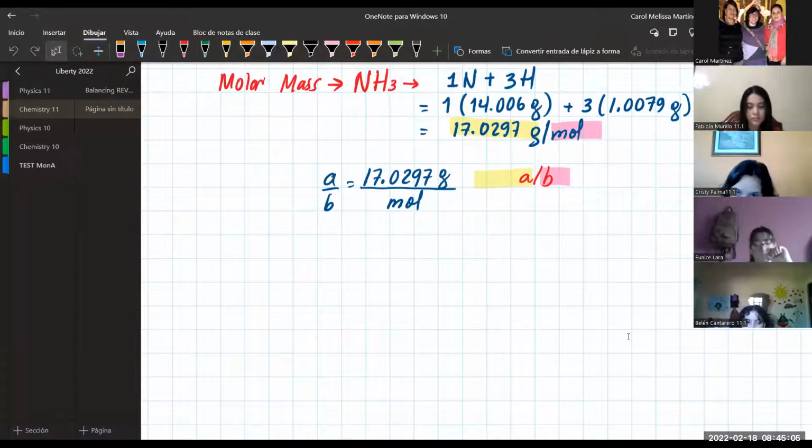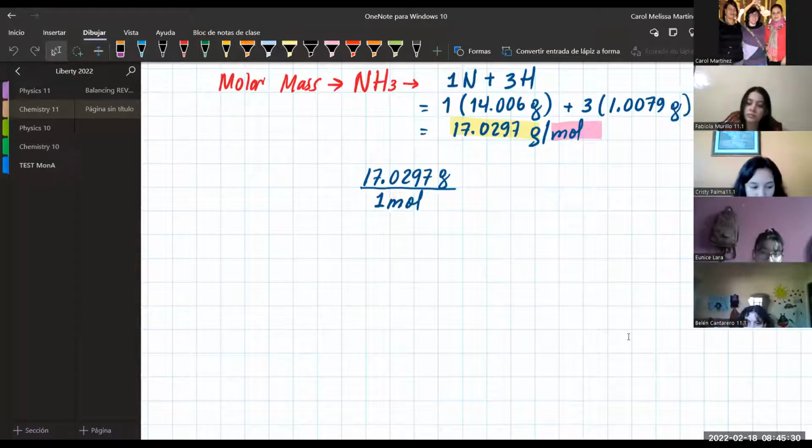Because 1 is a number that likes to be invisible, you just make it appear over here. So the molar mass can be expressed as 17.0297 grams over 1 mole. Or you can write it in its reciprocal form, according to the cancellation process.